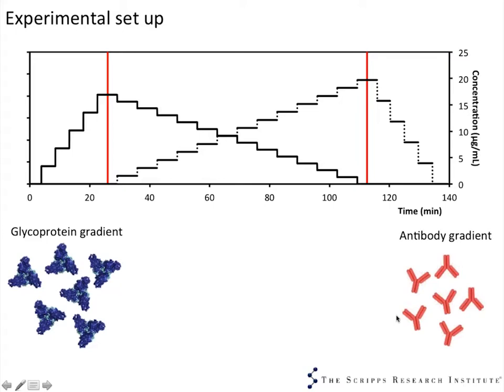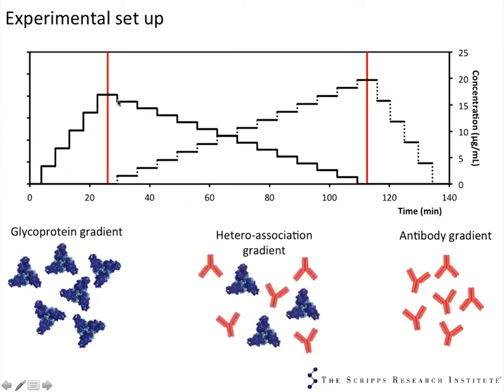We can do this to determine if any of the GP exists as monomers or if it's solely trimeric, or if higher order oligomers beyond trimers are present in our solution. We can also determine if the IgG itself is monomeric or if there's some portion of aggregates. And in between, we have our crossover gradient that combines different amounts of each the glycoprotein and the antibody.